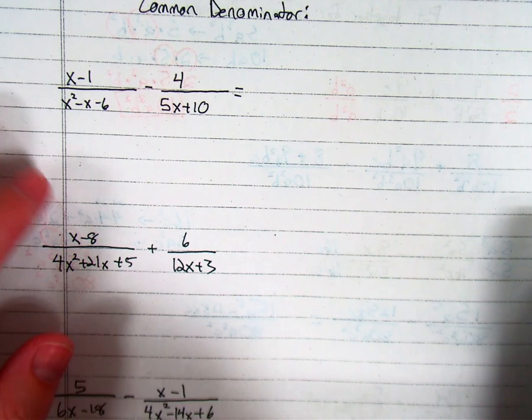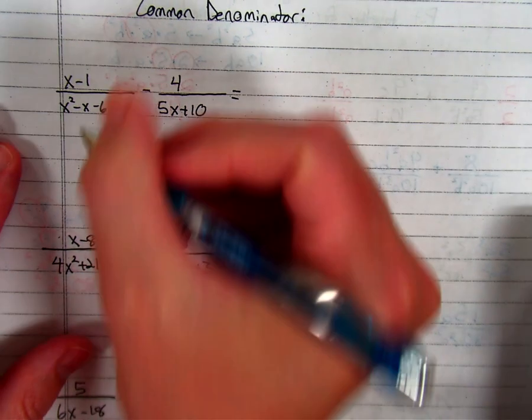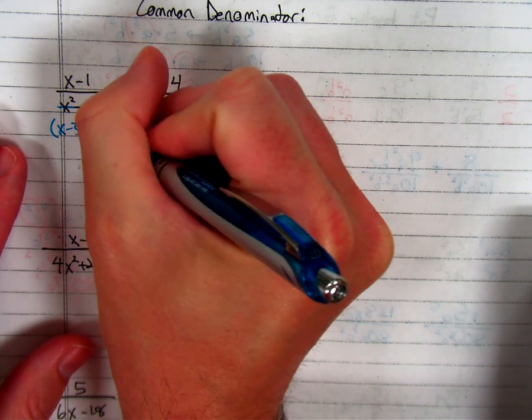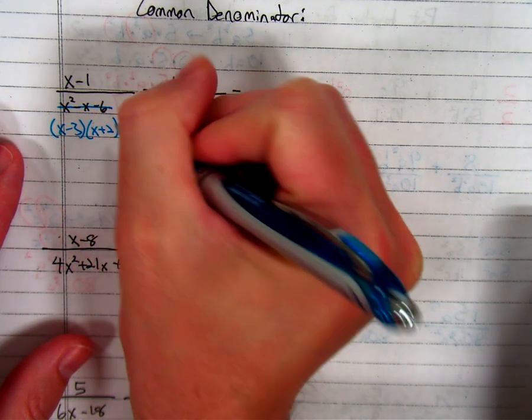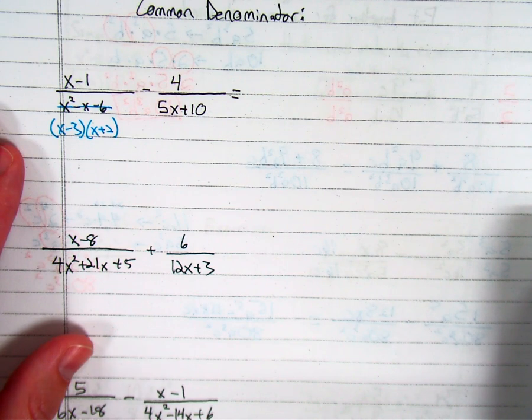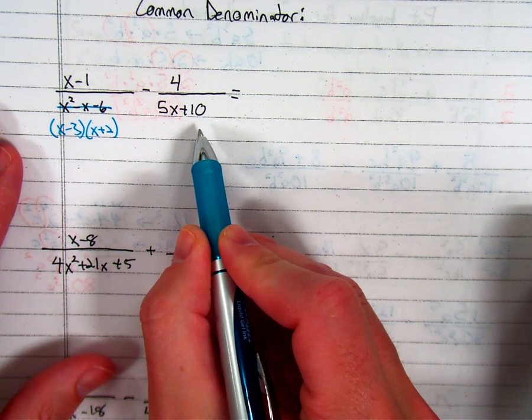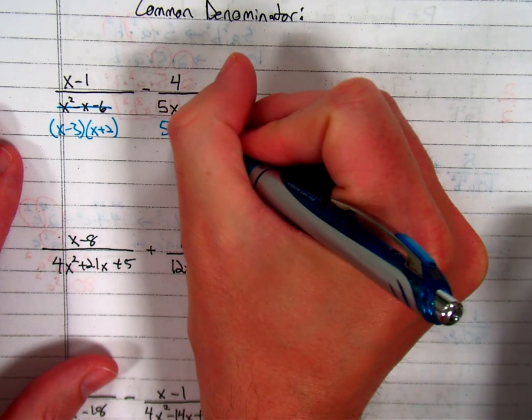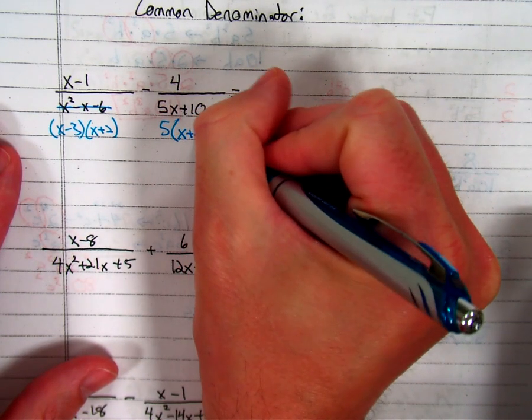Okay, x squared minus x minus 6. This is going to be x minus 3, x plus 2. And then over here, 5x plus 10, we can divide those both by 5, take a 5 out in front, and we have x plus 2.